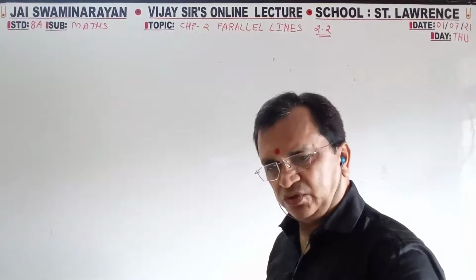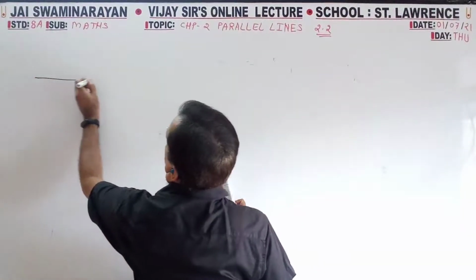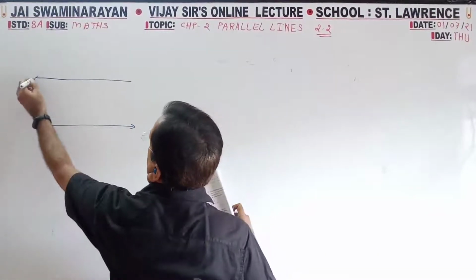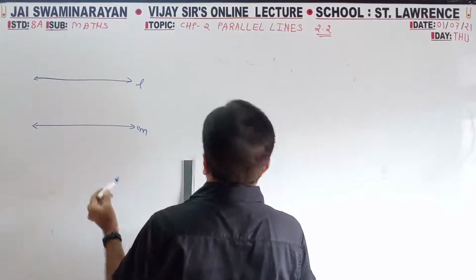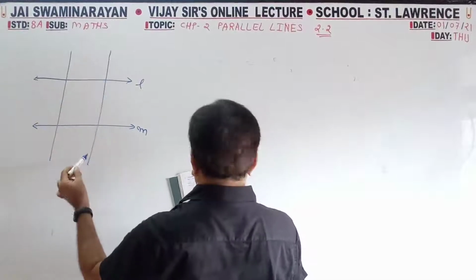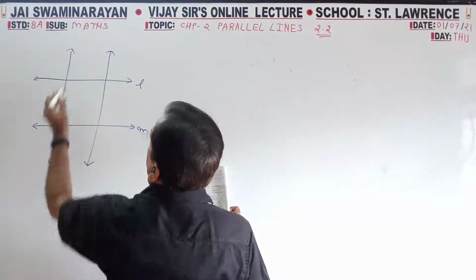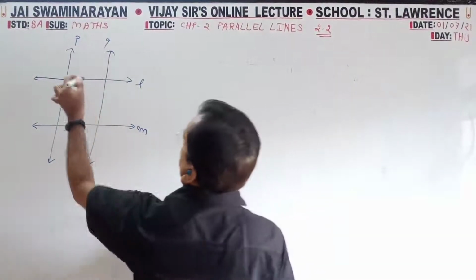L and M, P and Q, two pairs of lines are parallel. This is 80.